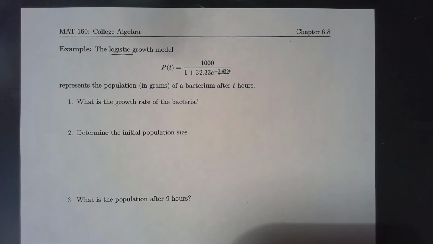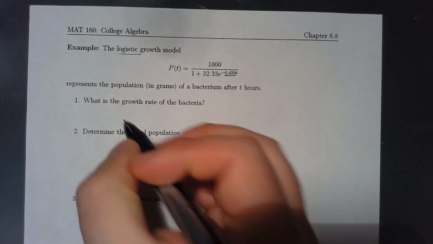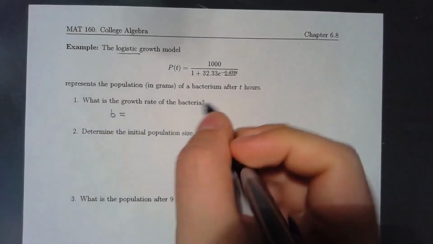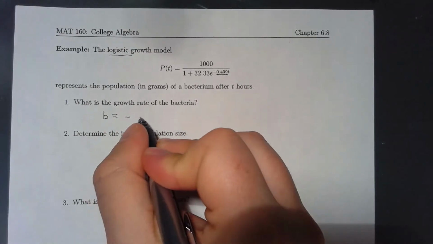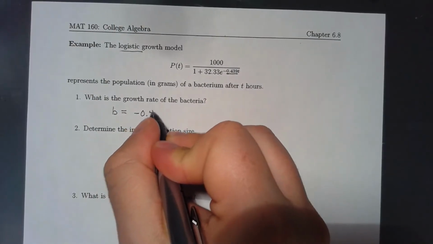So the growth rate is B, which is negative 0.439.